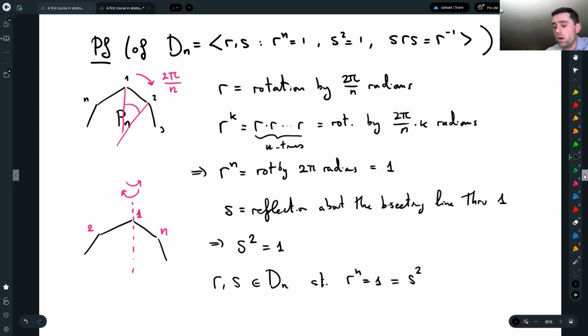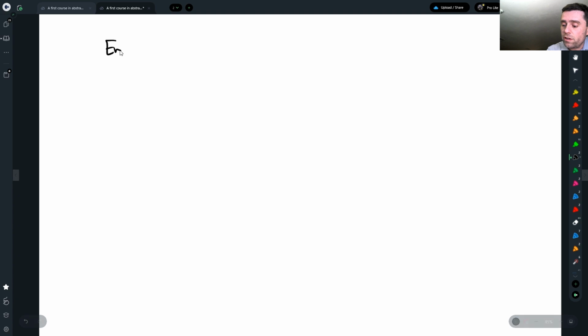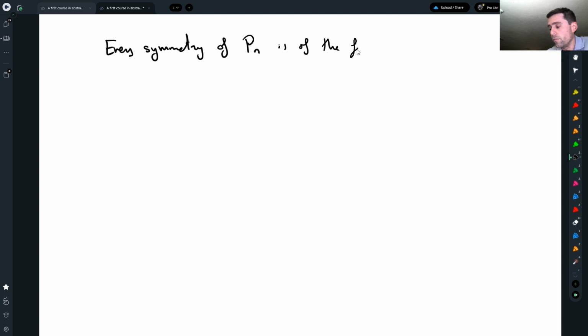So now, remember that every symmetry of a regular n-gon is of the form, well, there is one that sends, let's write the polygon like this, 1, 2, 3, and 1 is going to go to the kth position.